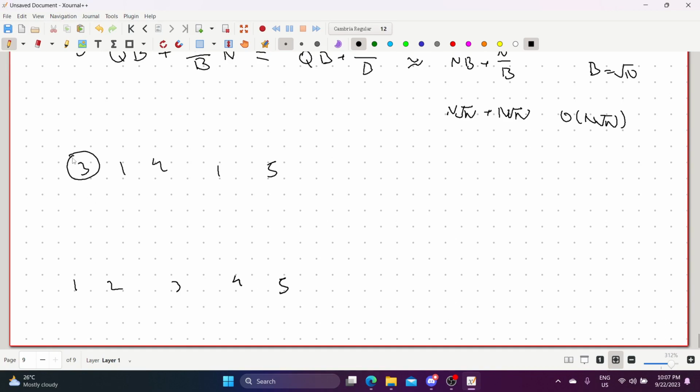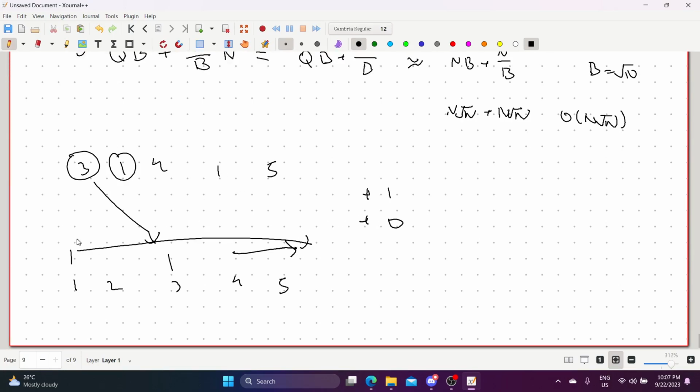We store in the binary indexed tree that 3 occurs once. Then for 1, we want to see how many elements are more than 1. Since that is 1, the answer goes plus 1, and the contribution increases again. Then for 4, we see how many are more than 4, and this is plus 0.